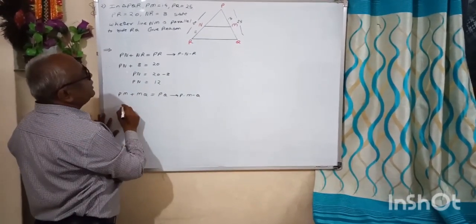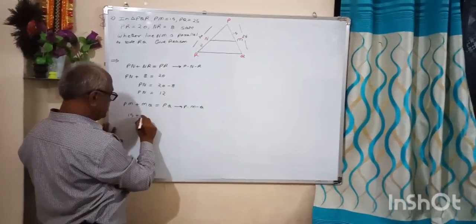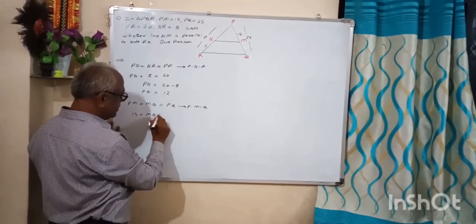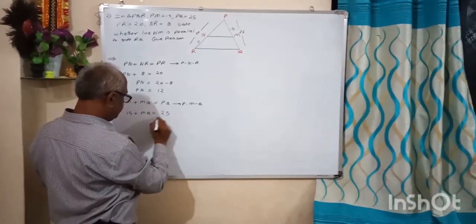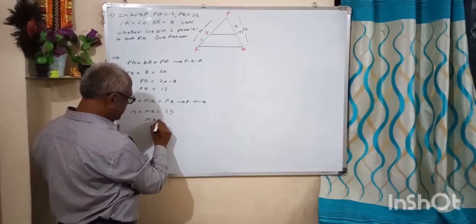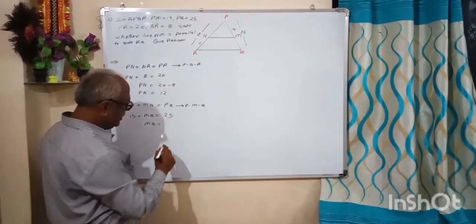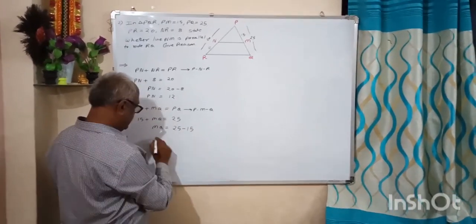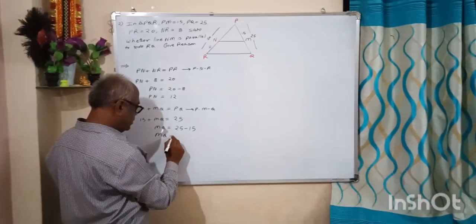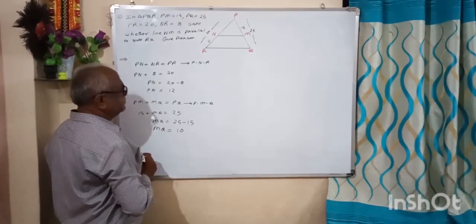Therefore, PM is 15 plus MQ, which we are going to find, is equal to PQ, which is 25. Therefore, MQ is equal to 25 minus 15. Therefore, MQ is equal to 10.